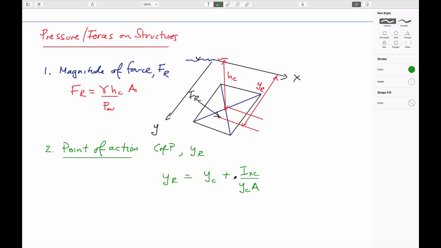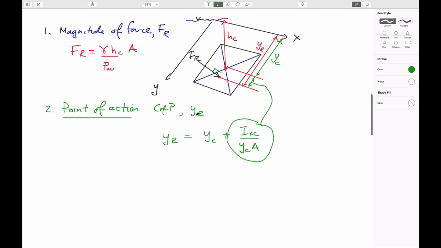And so you can think of this as comprising YC, this term here, and this term here, which is the offset. And so the point of action is always below the centroid and always within the plane, and always acts perpendicular to that plane.